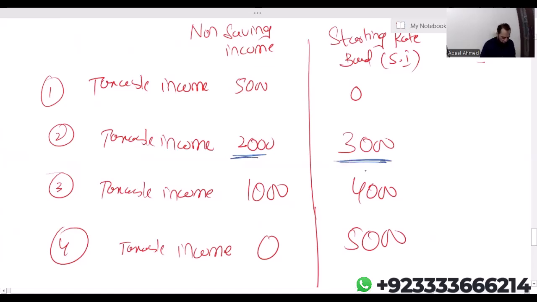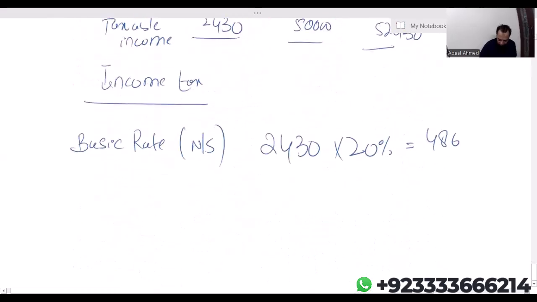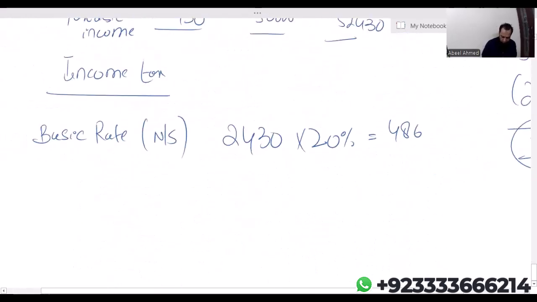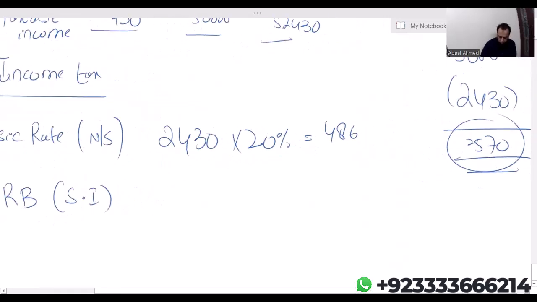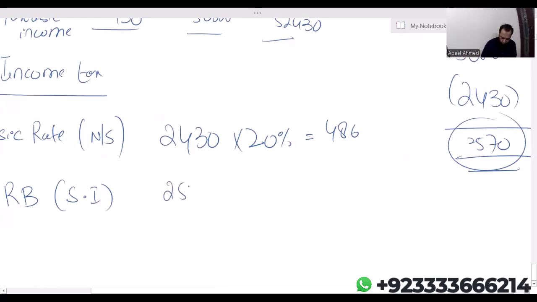Right now, we are dealing with a question in which taxable income in non-saving is 2,430. That is why starting rate band available is 2,570. Saving income: 2,570 into 0%. Great.